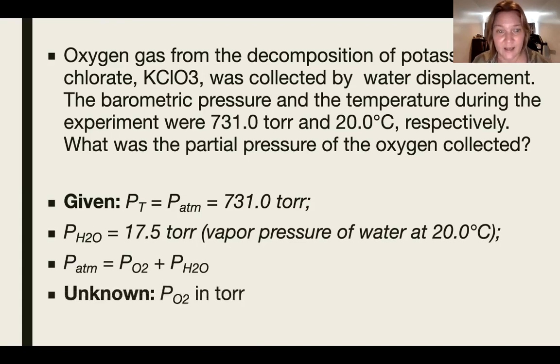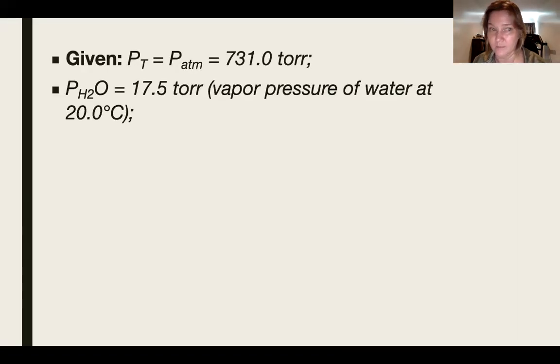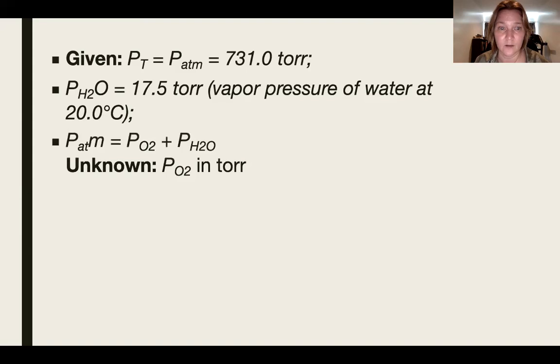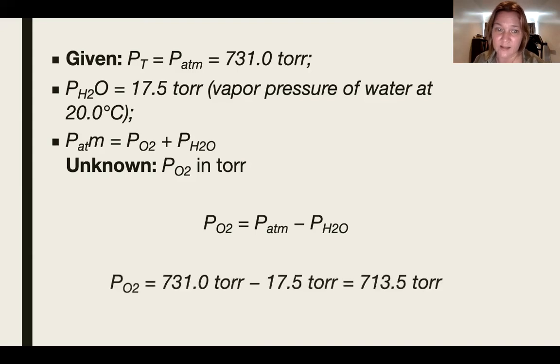So our unknown is PO2 in torr. So we just rearrange the equation to solve for PO2, and we get 731, which is the total pressure, minus the 17.5, which we get from the vapor pressure of water table, and we get the pressure of O2 is 713.5 torr.